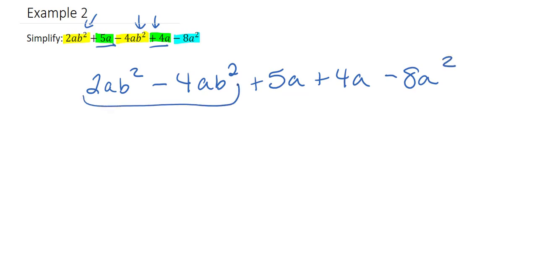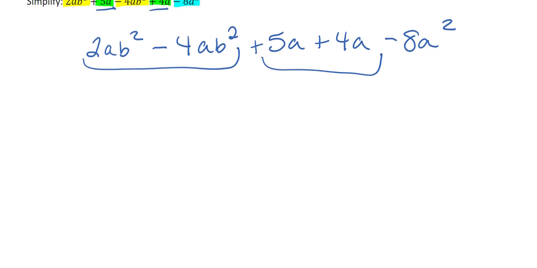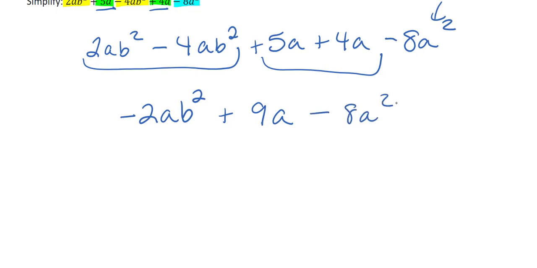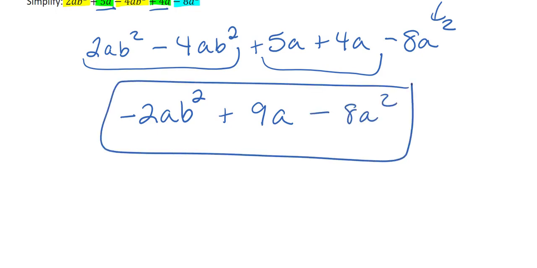So we can add these together, and we can add these together. So 2ab squared minus 4ab squared is just going to be negative 2ab squared. Then we have 5a plus 4a. So that would equal 5 plus 4, so that's 9, and we just leave the variable, right? And then lastly, we don't have to combine anything here, so we would just go minus 8a squared. And that would be our solution.